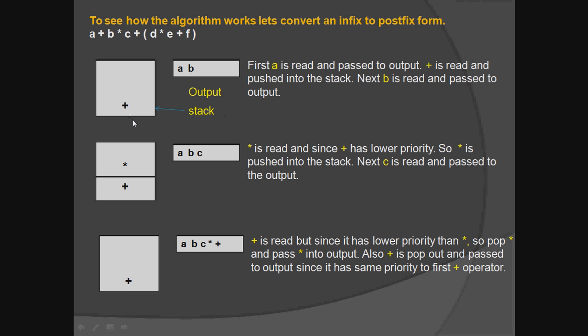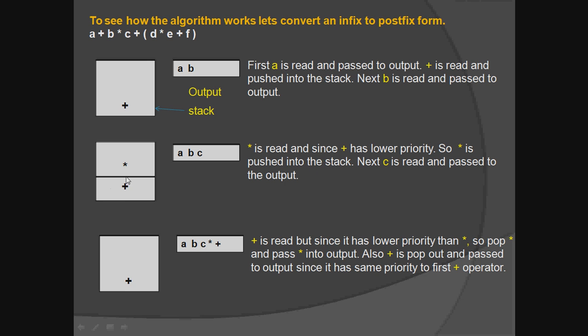Then after a plus b is done, the asterisk symbol is read, and since plus has lower priority, the multiplication is pushed into the stack.